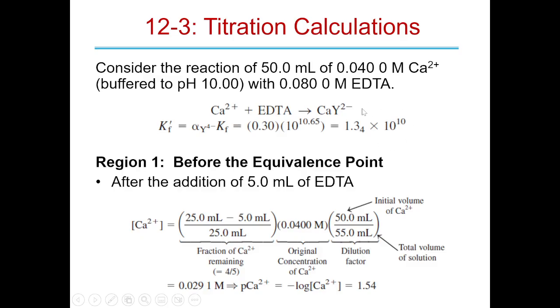So let's consider this reaction of 50 milliliters of 0.04 molarity calcium. This is buffered at pH 10, which is the normal buffering for EDTA, if you're curious. This will have 0.08 molarity of EDTA.